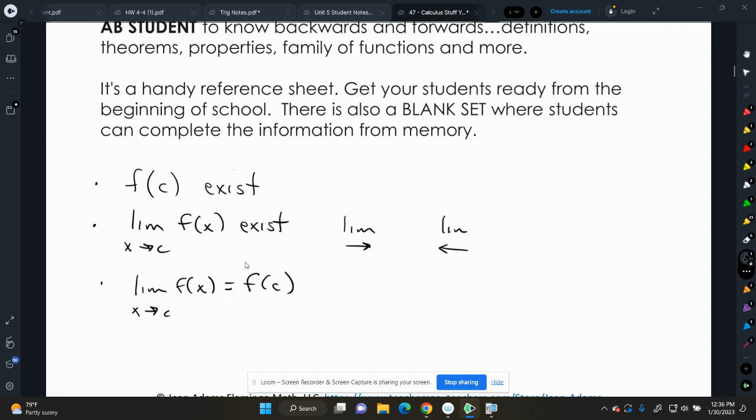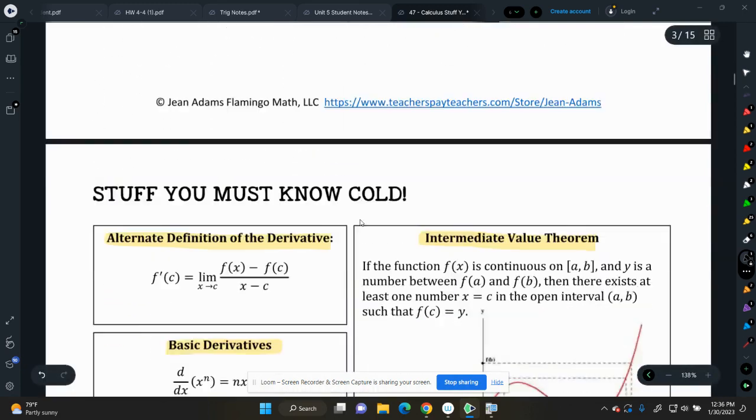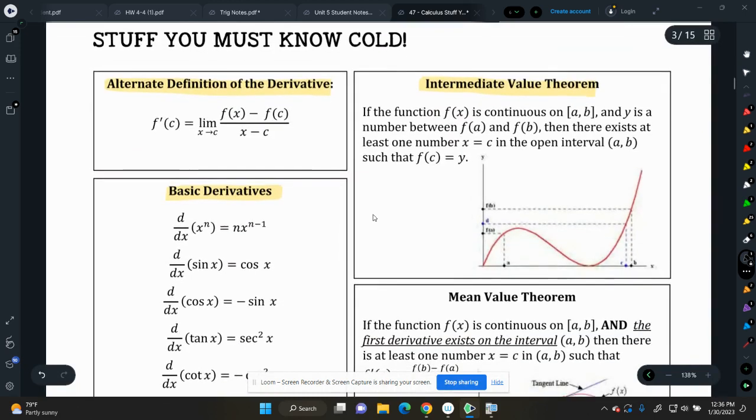Okay, when we talk about the intermediate value theorem, you should write this in your little note packet. The intermediate value theorem, what do we typically use that to show? We typically use that to show that a y value does fall between the two y values that we have.